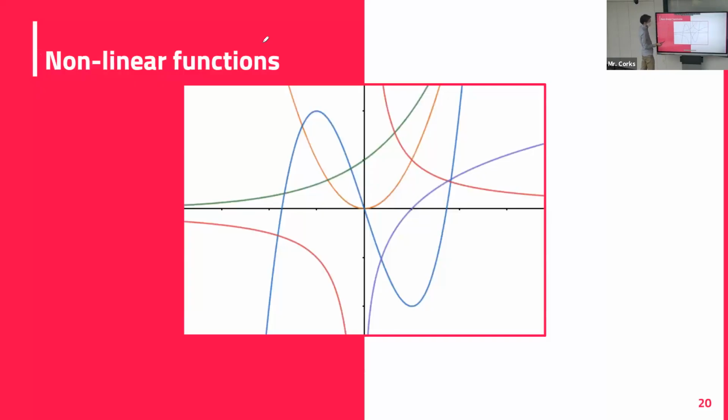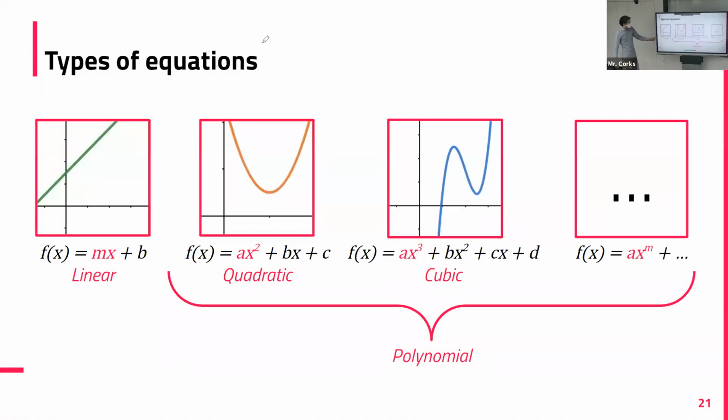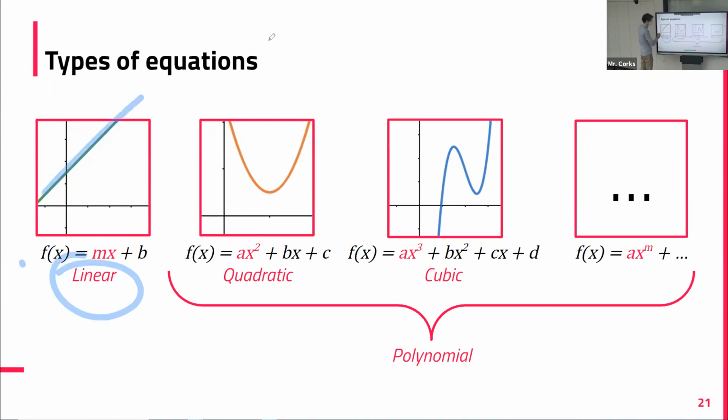So nonlinear functions, we should have a basic understanding of how these work. So far, everything that we were talking about was a linear function, so straight lines. But of course, that doesn't always happen. One kind of curved function like this would be what we call a quadratic.